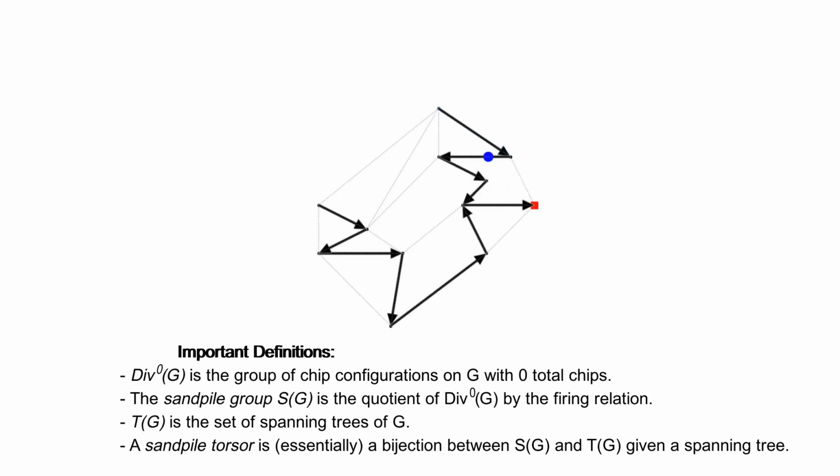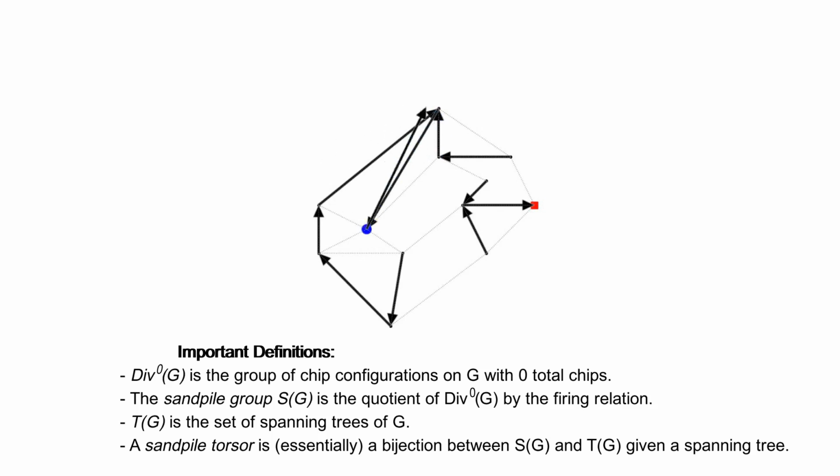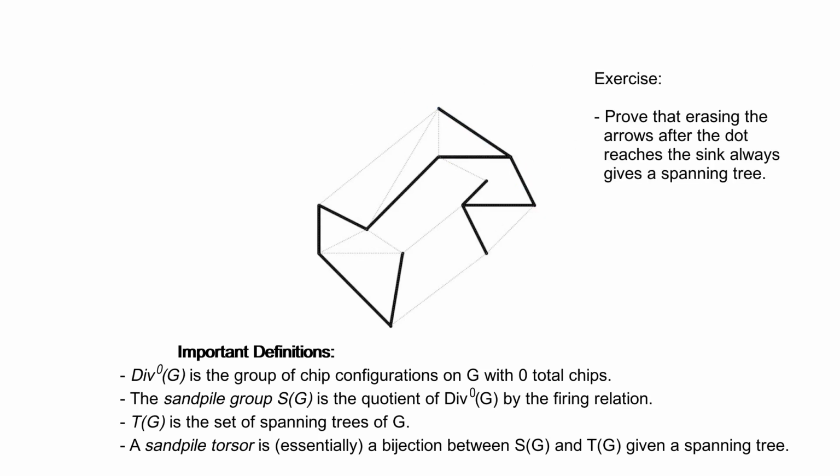This continues until it reaches the sink. At this point, the arrows are erased and we have a new spanning tree.